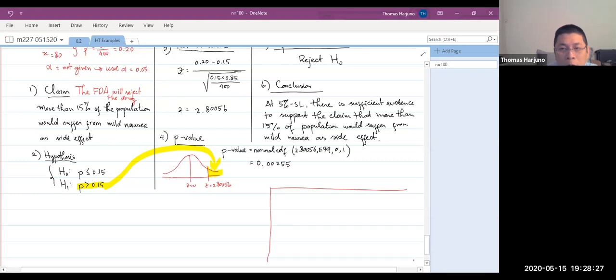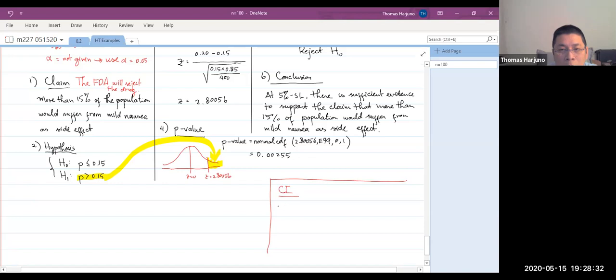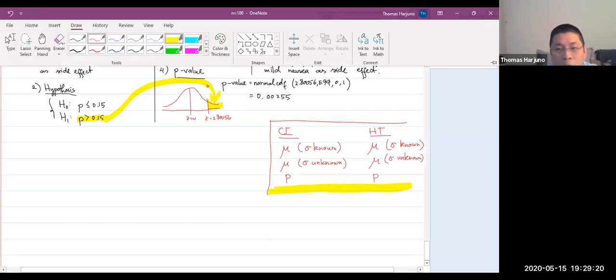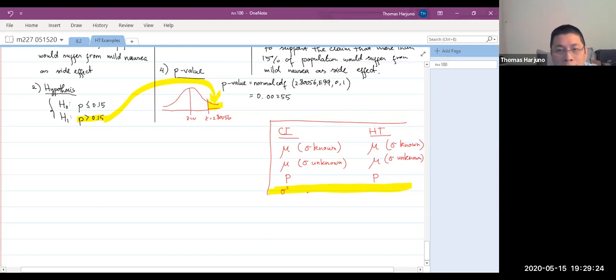On the confidence interval, I have done a confidence interval for mu with sigma known, for mu with sigma unknown, for p, and for hypothesis testing, I have done the parallel: sigma known and for P. The one that I have not done, and I'm about to do in the next 40 minutes, is confidence interval for sigma squared or sigma. And from there, we will do the hypothesis testing for those. Okay.